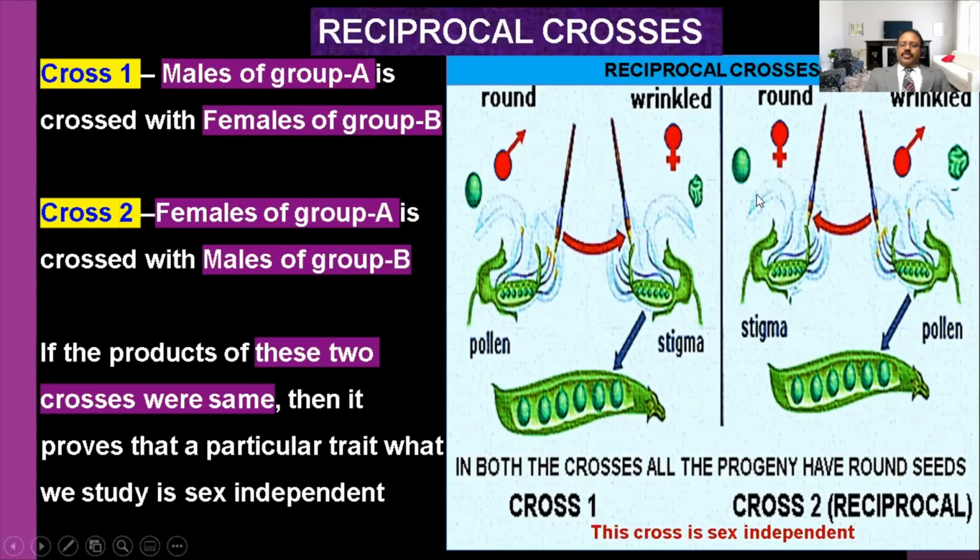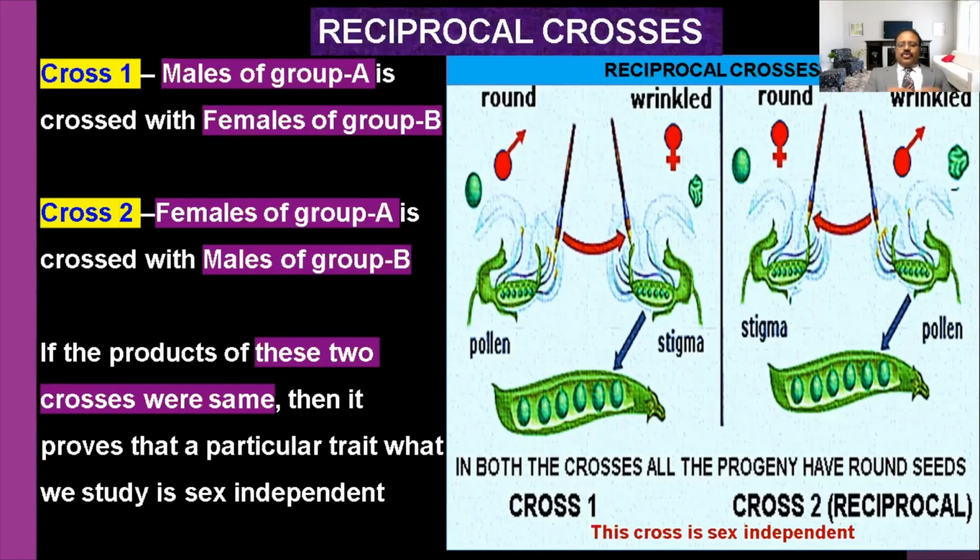All the Mendelian crosses, he did the reciprocal crosses. All the crosses are giving the same result. In both cases, all the progeny have round seeds. Clear? Suppose tall plant and dwarf plant, in that F1 generation all the progeny will be tall plants.